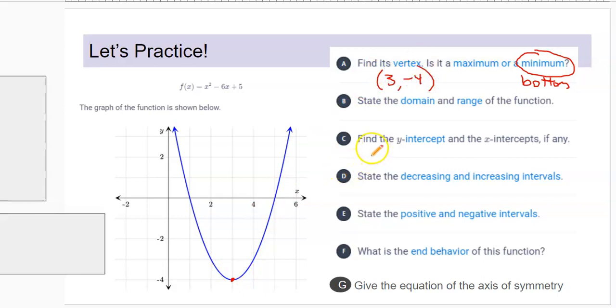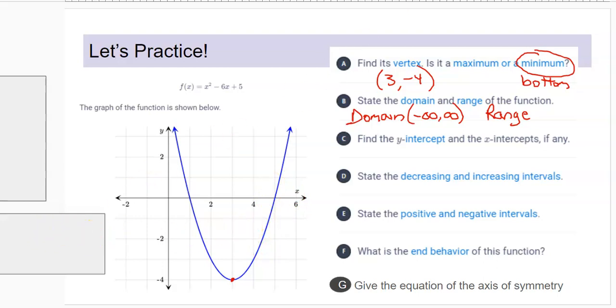The domain for a quadratic function will always be negative infinity to positive infinity unless it is a word problem and the context limits that domain. Just like with exponential functions. The range depends on the function. So for this, the range is all the possible y values where this graph exists.